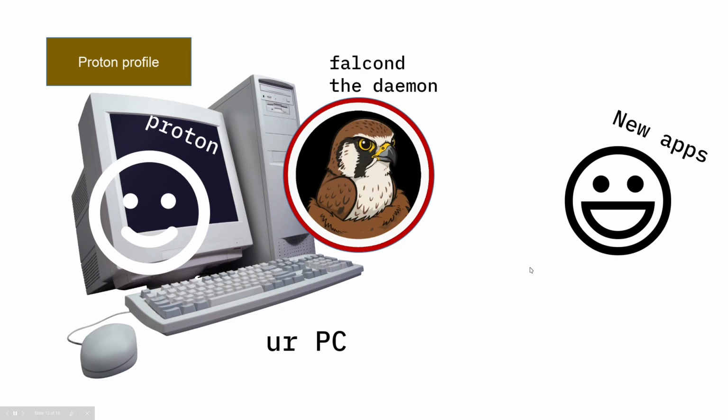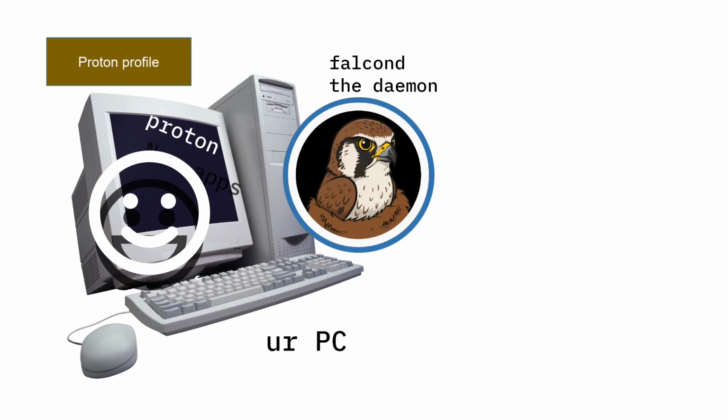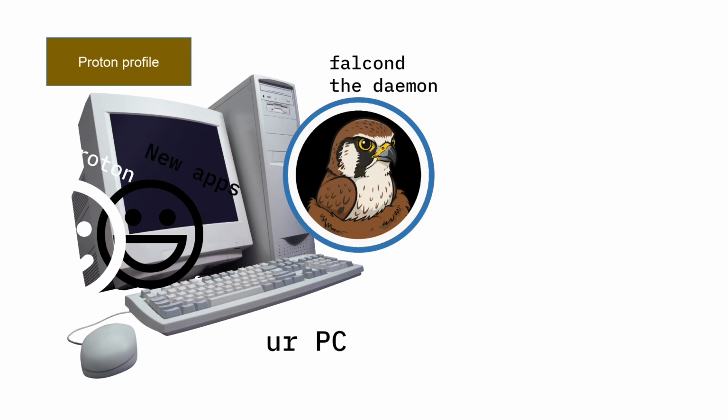But if before running this new app, you registered a new profile for it on your system, then falcond recognizes this app. It will only cache this new profile behind the currently running Proton profile. So it will only run the new profile when you quit the Proton apps. I believe that's how it works.